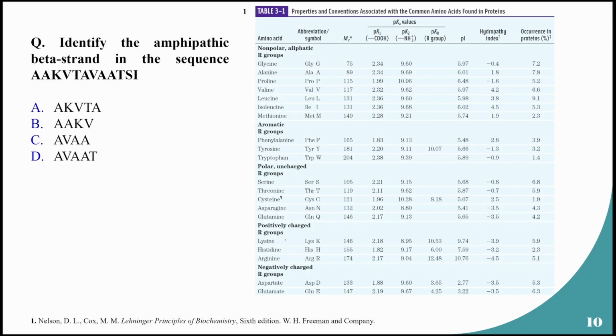and negatively charged. So in this case, which amino acid sequence from A to D seems to be of amphipathic nature? There should be an alternating pattern of non-polar as well as polar amino acids, right?